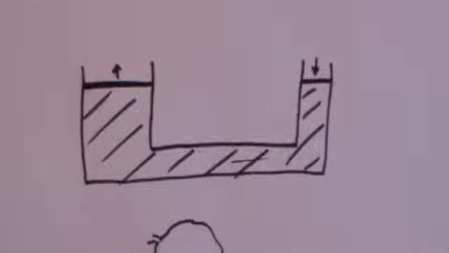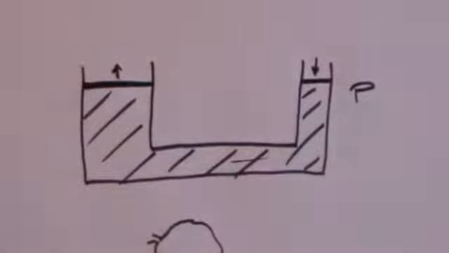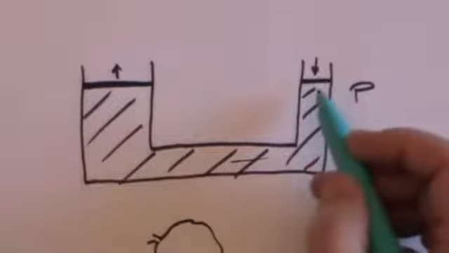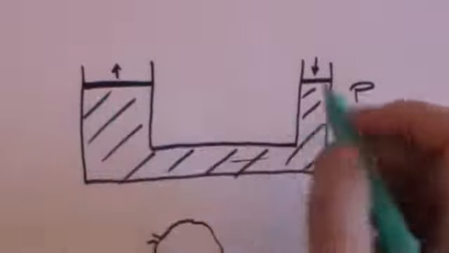Now, here's the important point about pushing liquids. If you push on a liquid, you create pressure. And yet again, pressure has the letter P. So P is not power, and it's not momentum in this case, it's pressure. And when you push on a liquid with a certain pressure, that pressure is transmitted through the liquid in all directions.